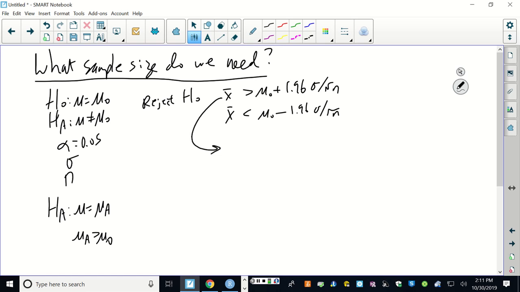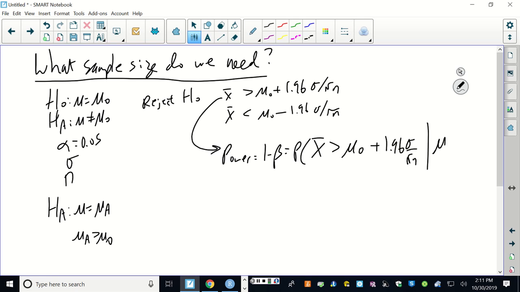So power, which is 1 minus beta, is the probability that x bar is greater than mu sub 0 plus 1.96 sigma over square root of n, given that the mean is this other alternative, like we've drawn it.